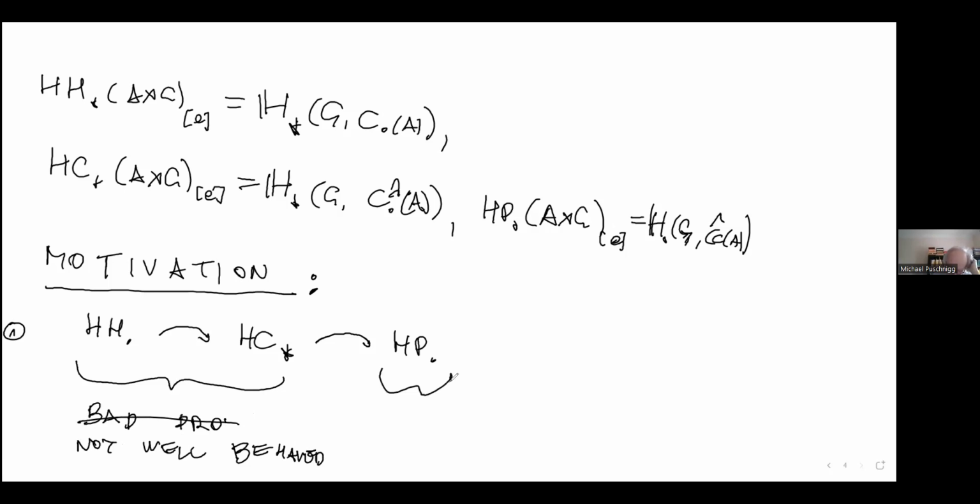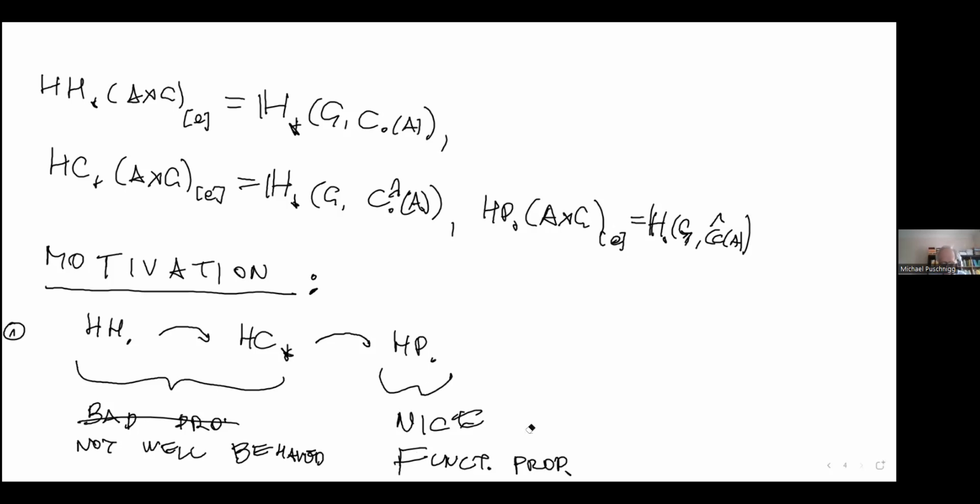Whereas here you have nice functorial properties, for example homotopy invariance, excision, and whatever else you would like.